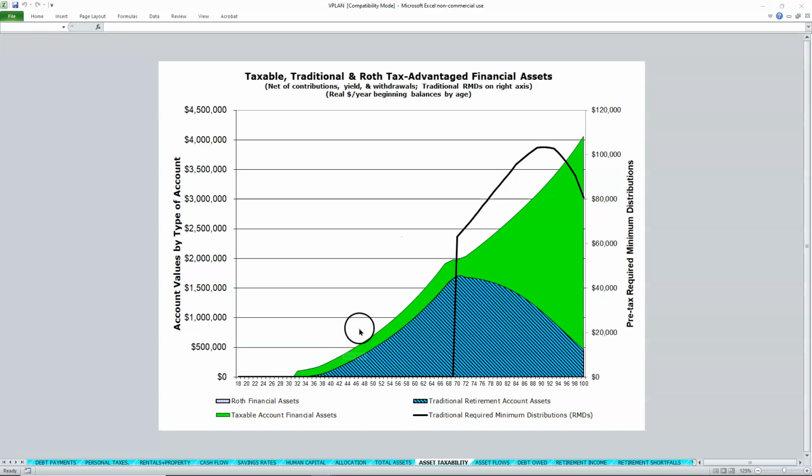Throughout their working years, they build up their traditional retirement account assets. The left vertical axis is the black line graph of their required minimum distributions. After required minimum distributions begin, you will see that traditional account assets decline while their taxable account assets increase.